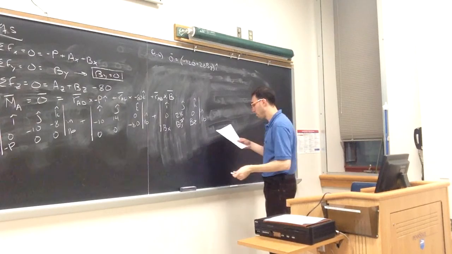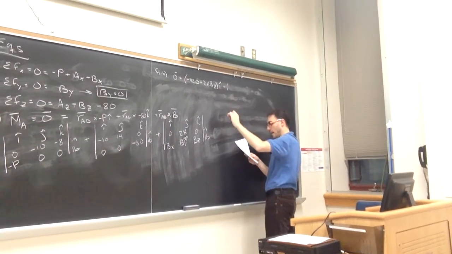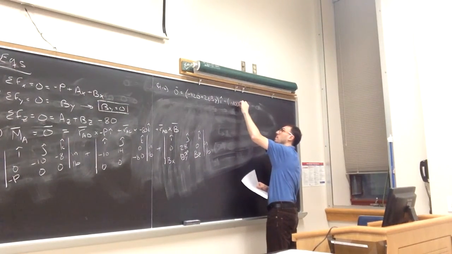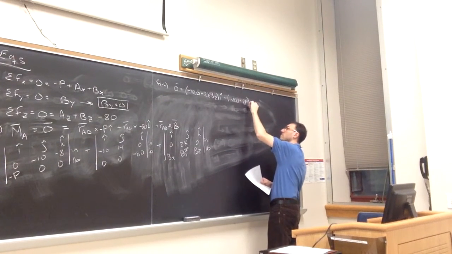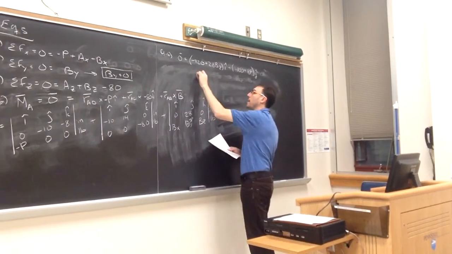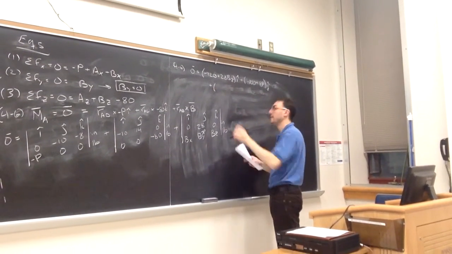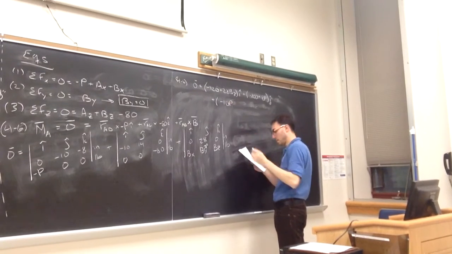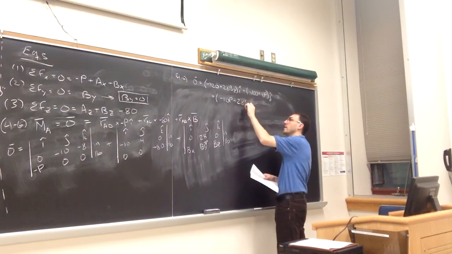Grouping my J terms together, I have negative 800 plus 8 times P. And for my K coefficient, I get negative 10 times P minus 28 times BX.